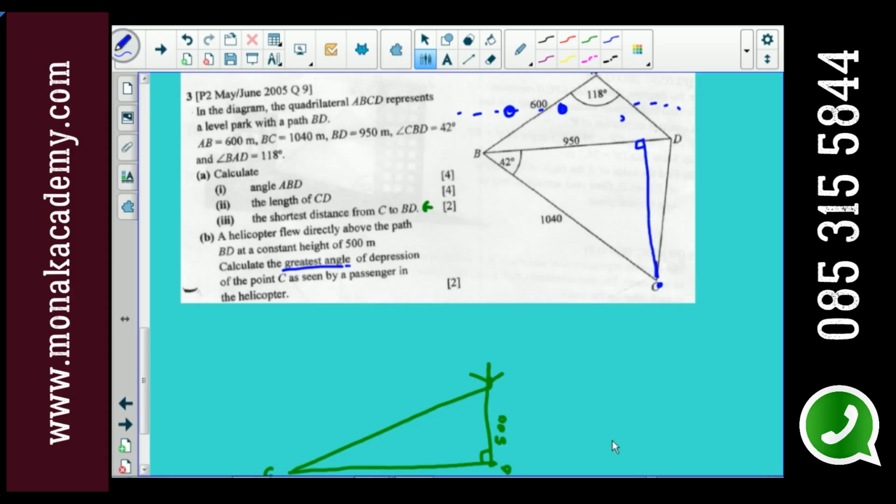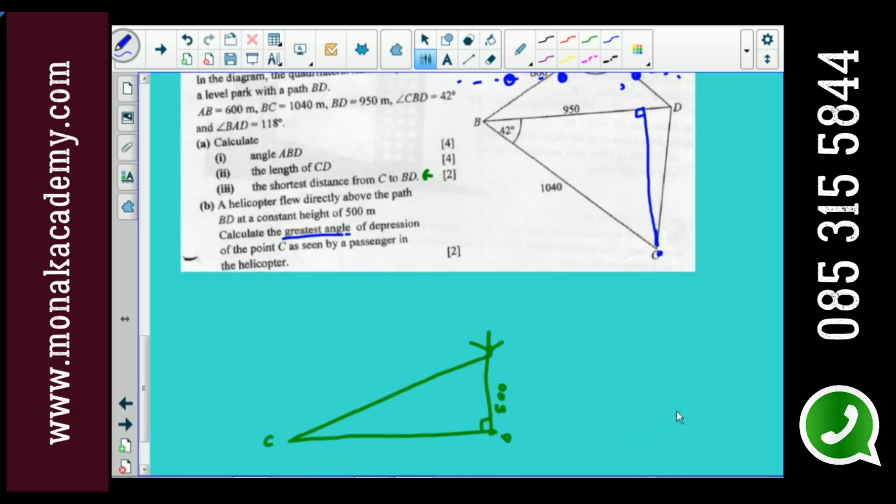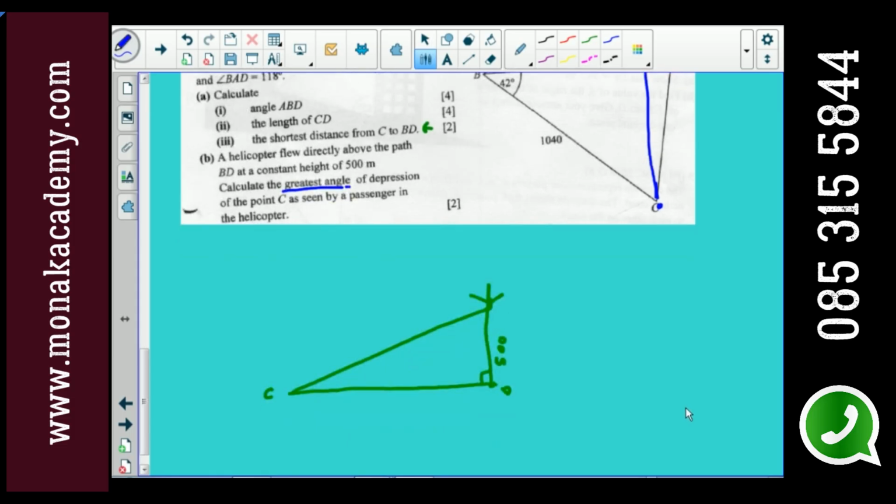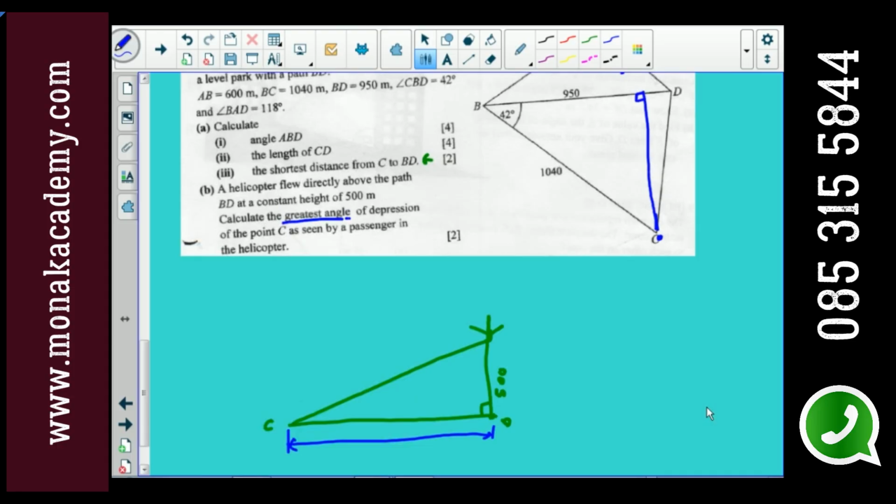He has to look at C when the plane is directly perpendicular to the point C. So that's why we know that this distance will be equivalent to the answer we got in 3 above. This distance, C to the line BD. What did we find? 696.